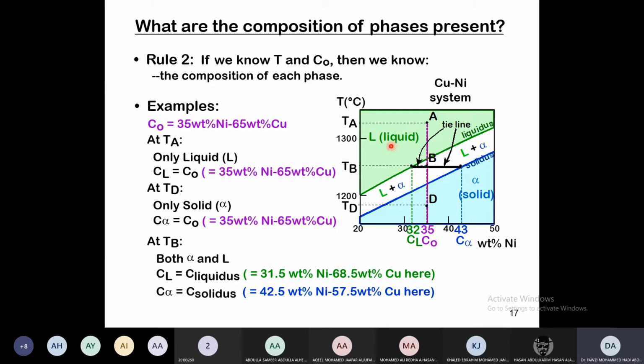From the intersection with the liquidus line, if we erect a vertical, we get the composition of the liquid. And from the solidus line, if we erect a vertical, we get the composition of the solid solution. So this is how we can get the composition of the liquid and the composition of the solid, by drawing the tie line.